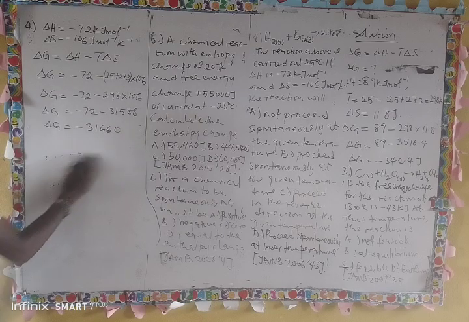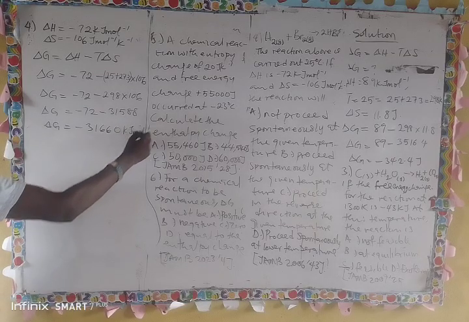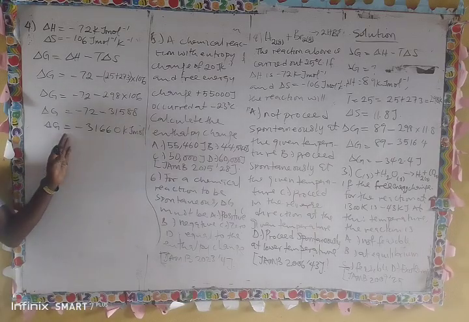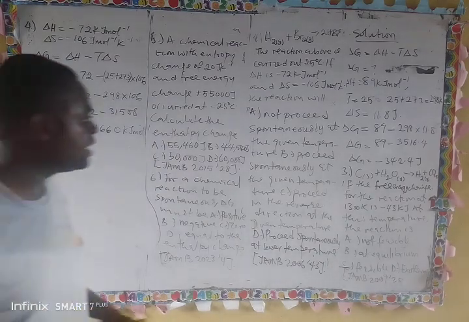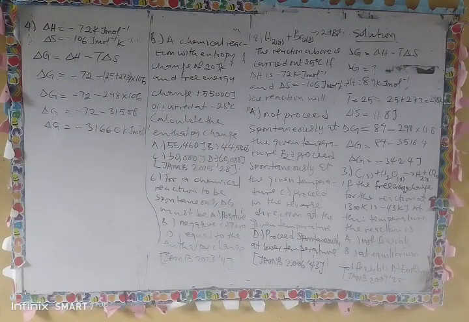Yes, so that is kilojoule per mole. Now, when your delta G is negative, the reaction is what? Spontaneous. So what is the answer? Proceed spontaneously.